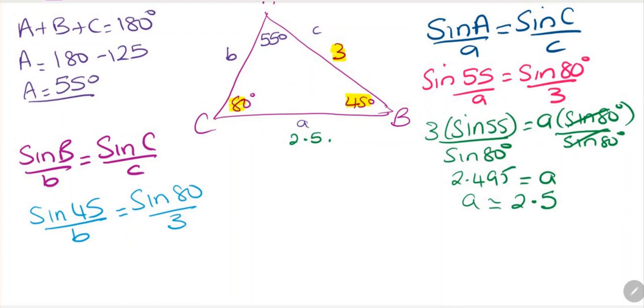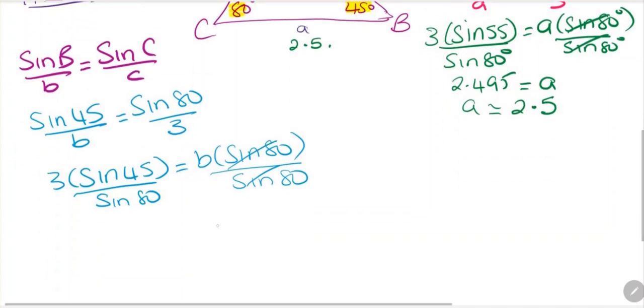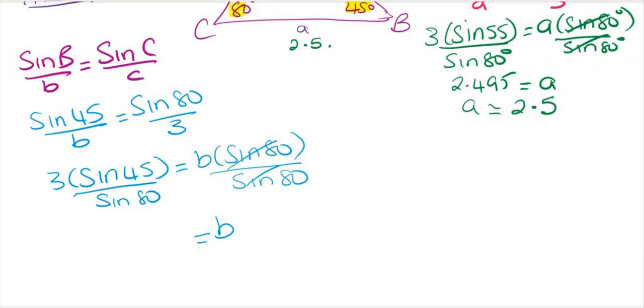So if we cross multiply, 3 multiplied by the sine of 45 is b sine 80, and we can divide both sides by sine 80. So b is equal to, in our calculator, that comes up with 2.154, and if I round that, that is approximately 2.2.